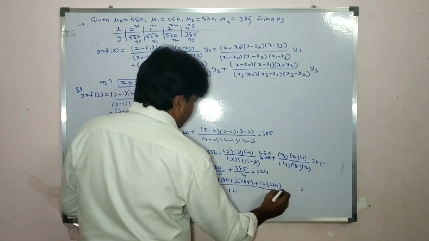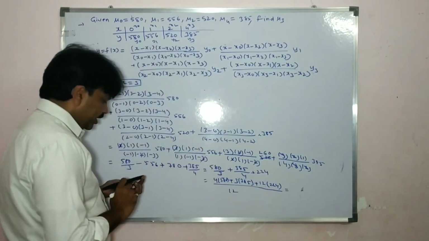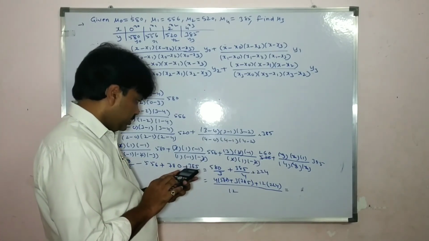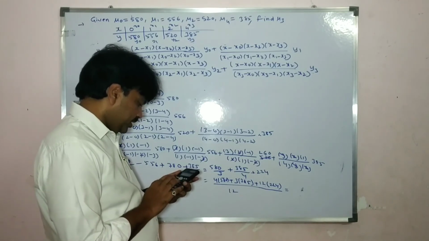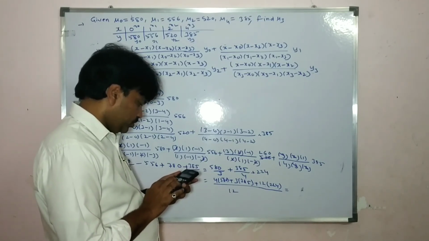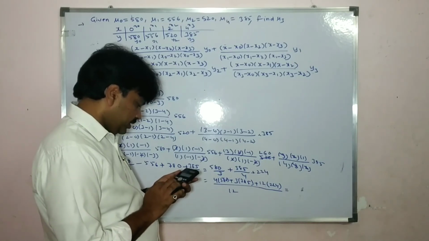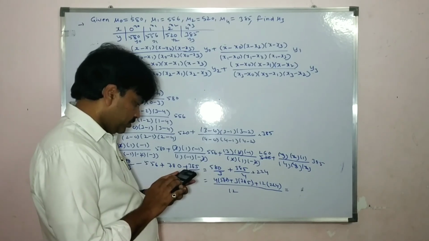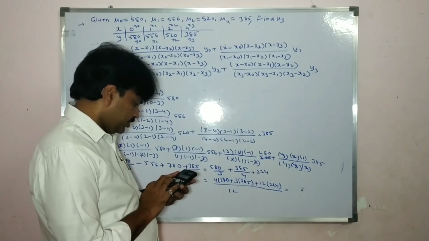We calculate at a time: put bracket 4 into 580 plus 3 into 385 plus 12 into 224, bracket close, divided by 12.